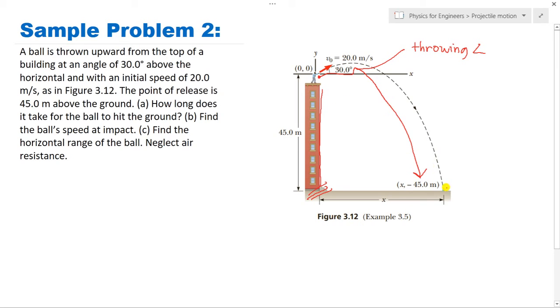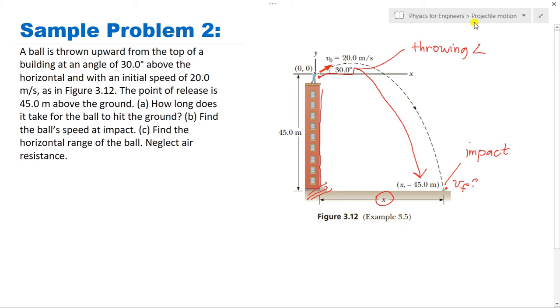We let this be the final speed, because this is the impact. Then, last is find the horizontal range of the ball. The horizontal range refers to this X here. Again, neglect air resistance.